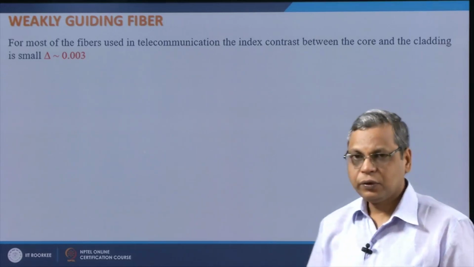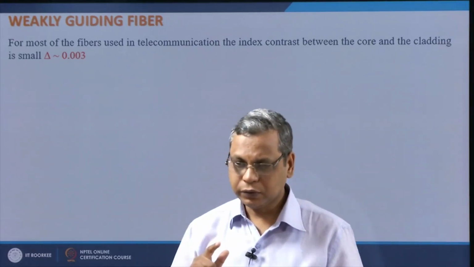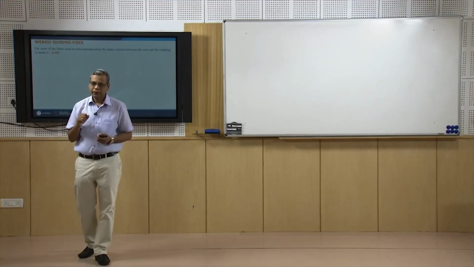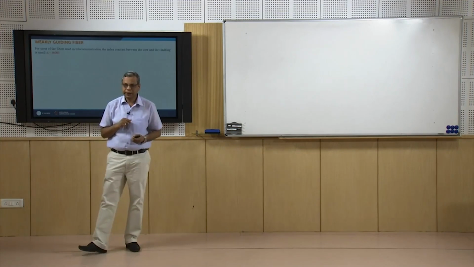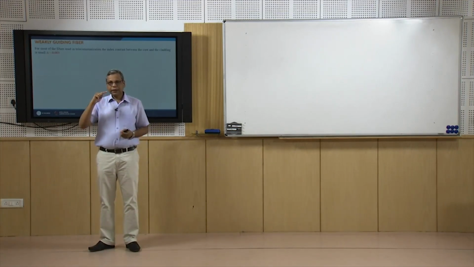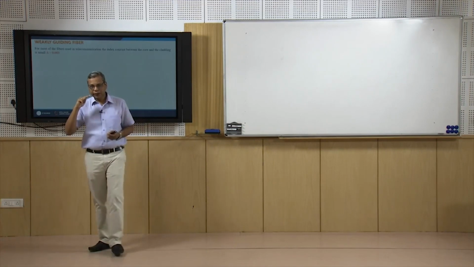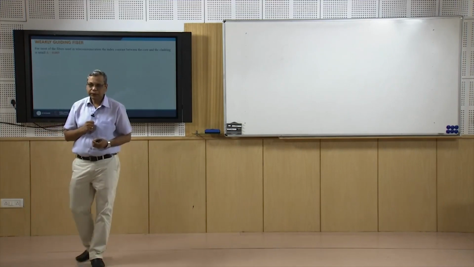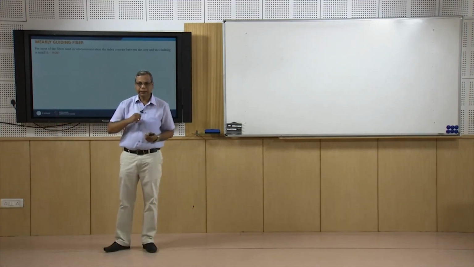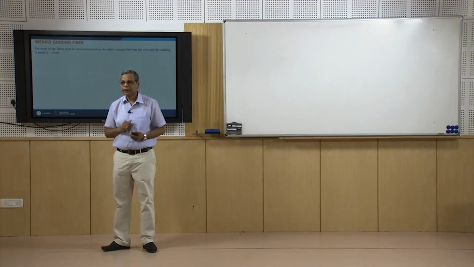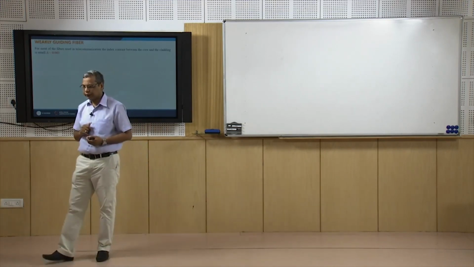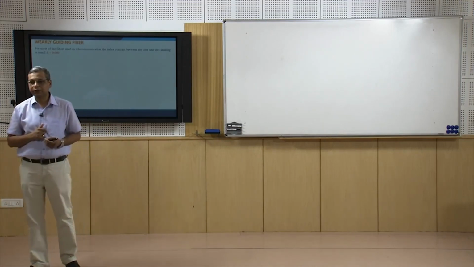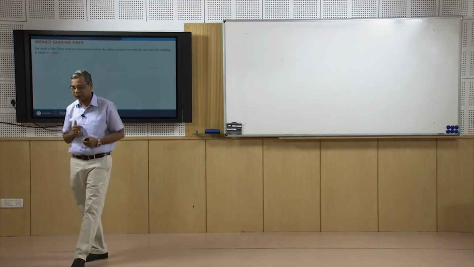If you look back at the analysis of the symmetric or even asymmetric planar waveguide, we see that if the index contrast between the high and low index regions is small, then the propagation constants of TE and TM polarizations merge. It is very difficult to distinguish between TE and TM polarizations in terms of their propagation constants if the index contrast is small.